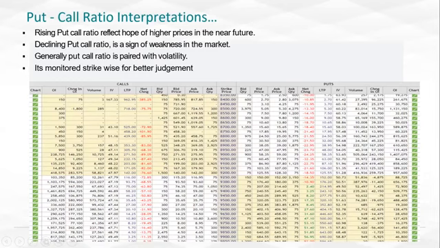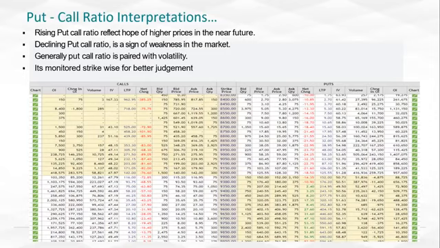Rising put call ratio reflects that there is hope of higher prices in the near future. If the PCR is on the higher side, it means we are hoping that the price of that particular stock or index where we have bet will go up in the near future.